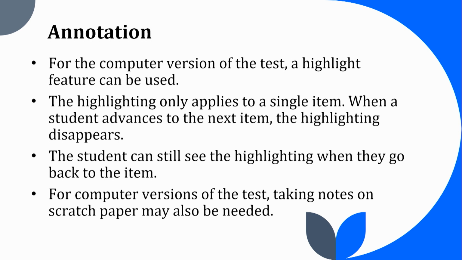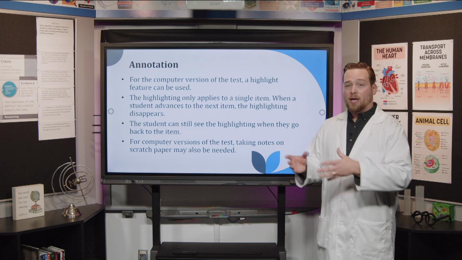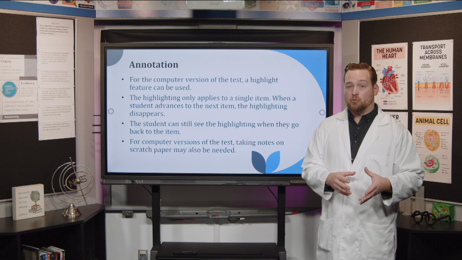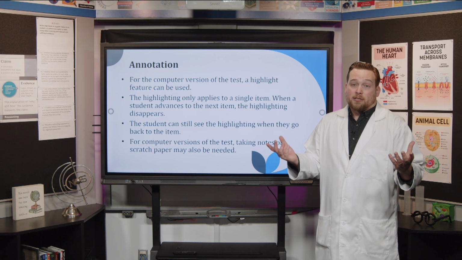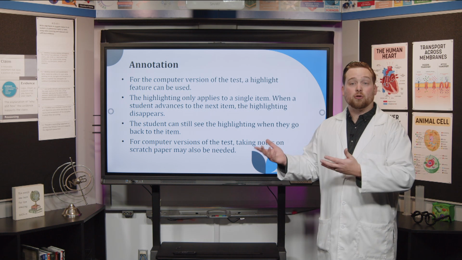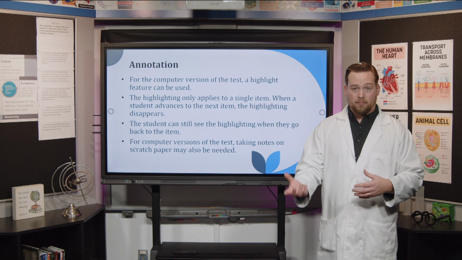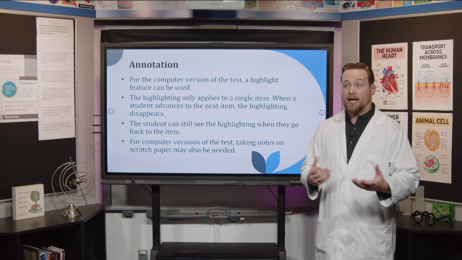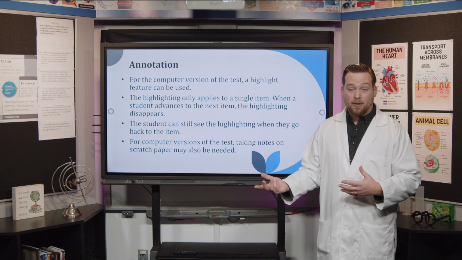Again, when you move from one question to the next, that highlighting is gone. You can still go back and see the part that you highlighted, but then you're going to be flipping in between the questions a lot. If that doesn't bother you, then that's okay. You don't have to worry about ways to change it up. But if you think that that's making you waste time or you find it confusing, you can't remember where the highlighting information was, we might want to try something else out.